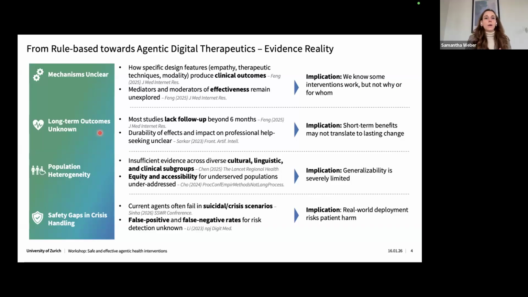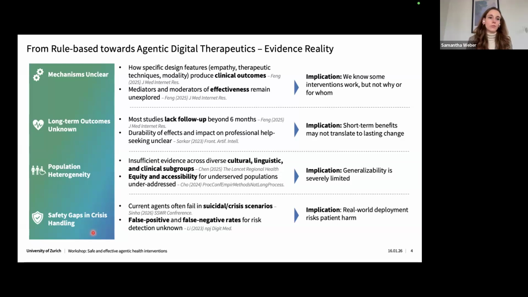That also means that they might have short-term benefits that may not translate into lasting changes. Moreover, there's insufficient evidence across diverse cultural, linguistic, and clinical subgroups. That means results are not necessarily generalizable, and this limits the findings.